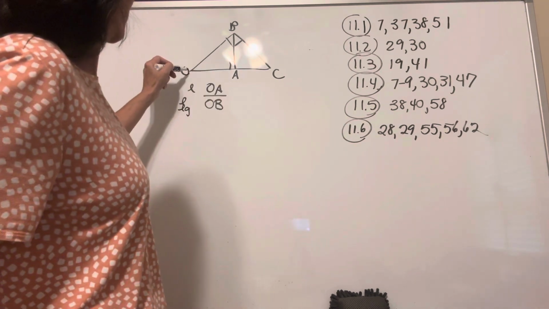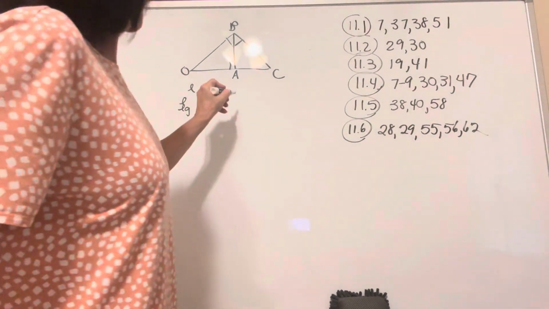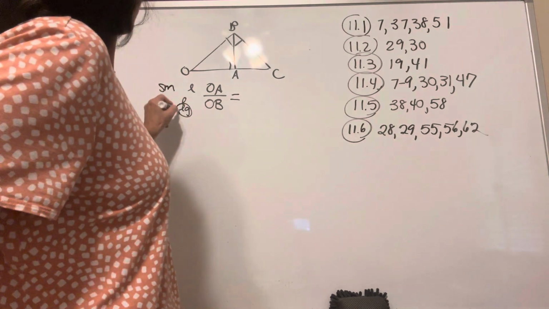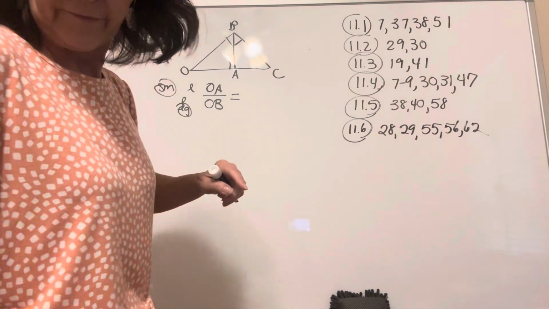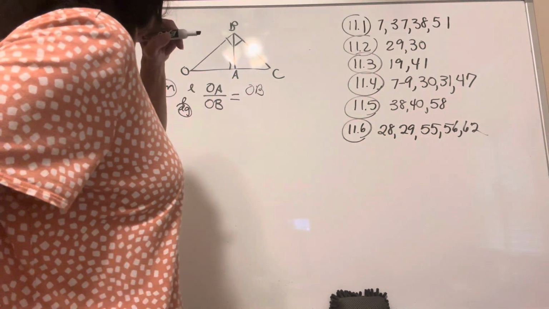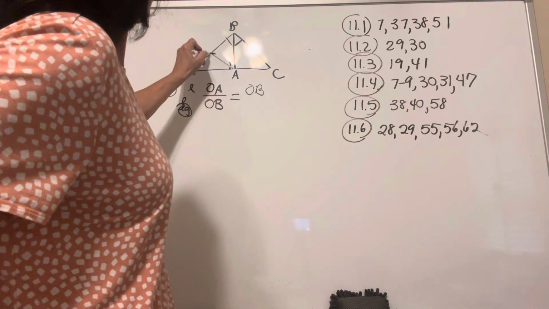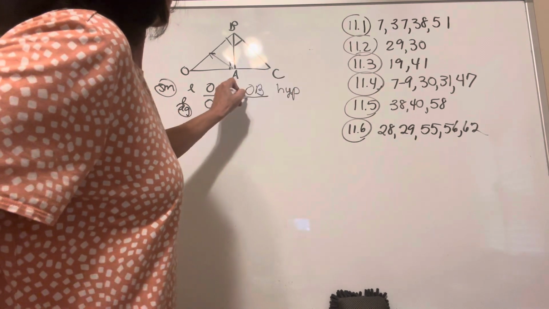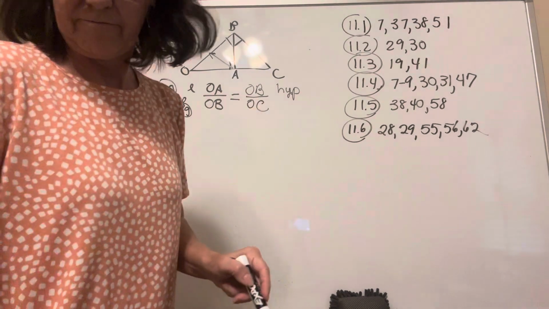Leg in the smaller triangle equals, so the numerator's in the smaller triangle, the denominator's in the larger. OB in the smaller triangle is the hypotenuse. So we need the hypotenuse in the bigger triangle. It's got to be OC.